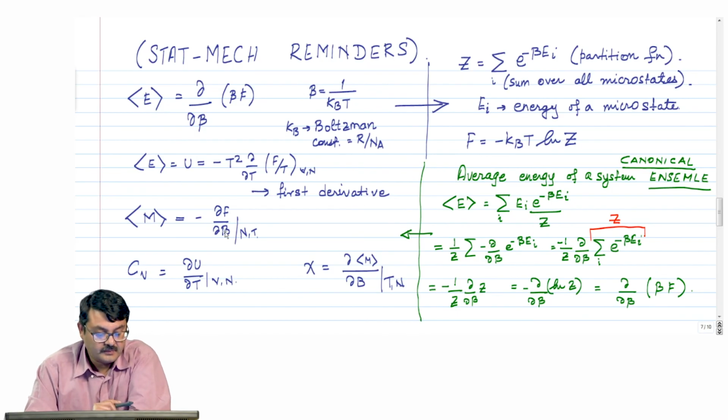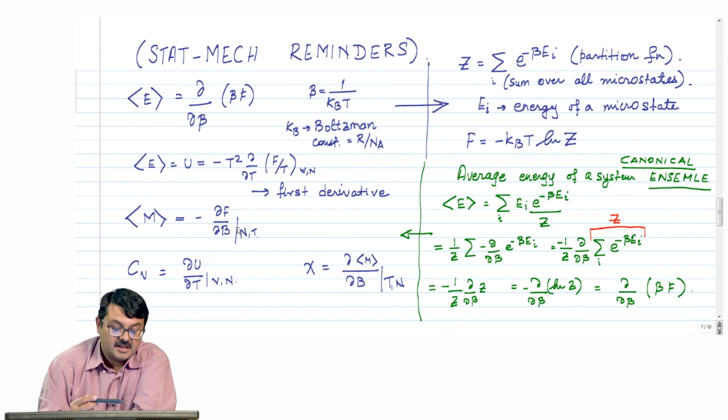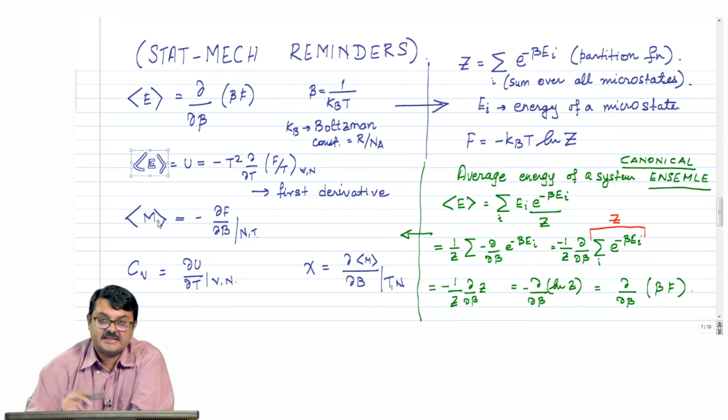So, if you have a magnetic system, you take the first derivative with respect to B. Using statistical physics, one can show that the average magnetization can be written this way. You see that both average energy and magnetization are essentially the first derivatives of the free energy.